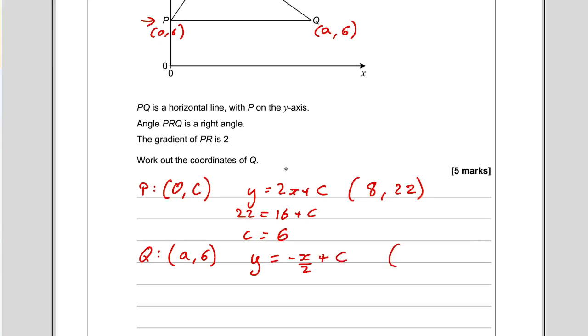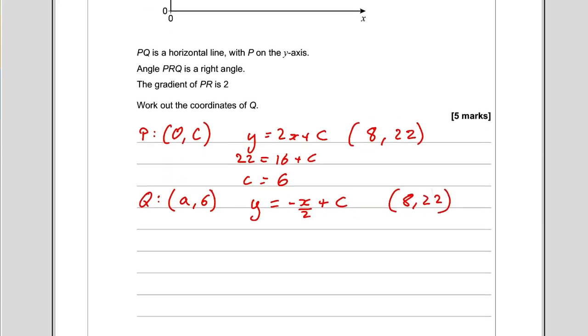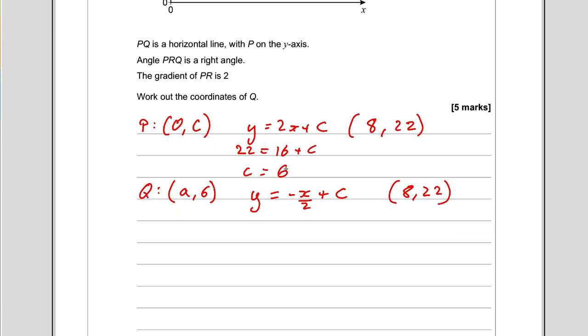We're going to again use the coordinate (8, 22) to work out the value of c for this line. So 22 is going to be equal to -4 plus c. So if we add 4 to both sides, that's going to give me 26 is equal to c.